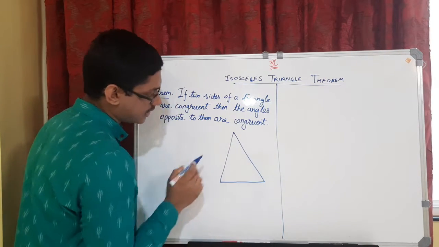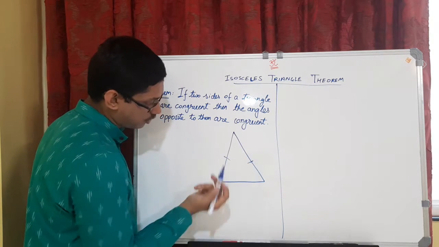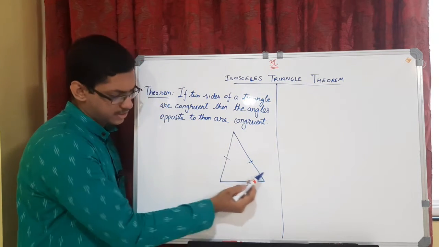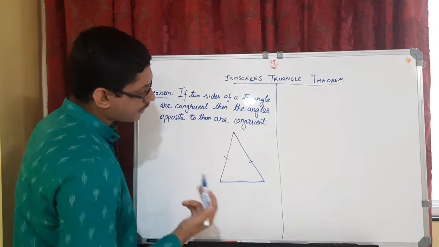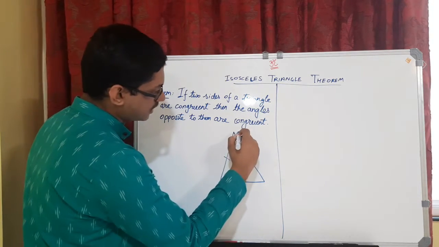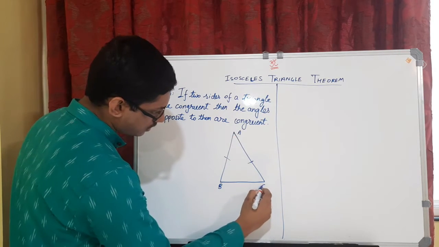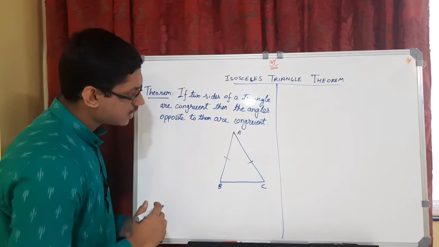This side and this side is congruent. So let me mark it like this. If two sides are congruent, then we show it like this. Okay. Now let's name it ABC. A, B, C.